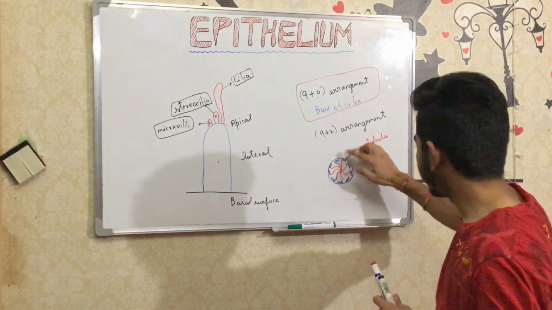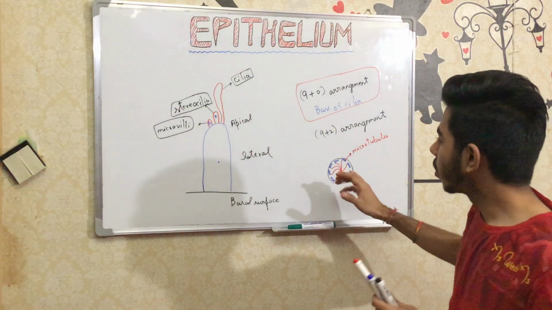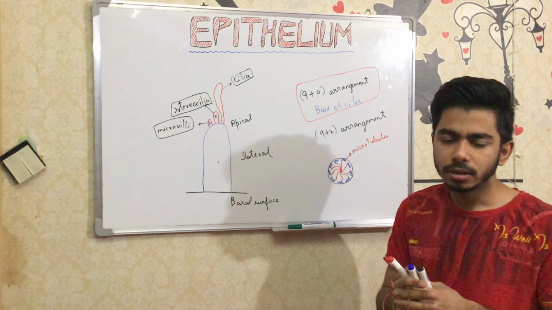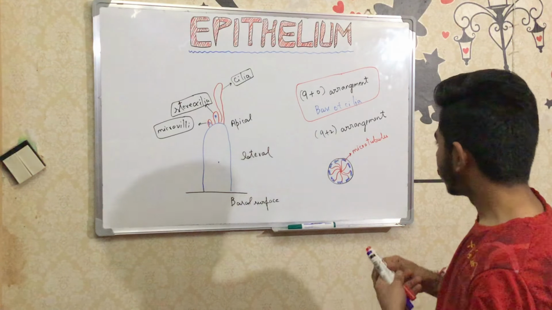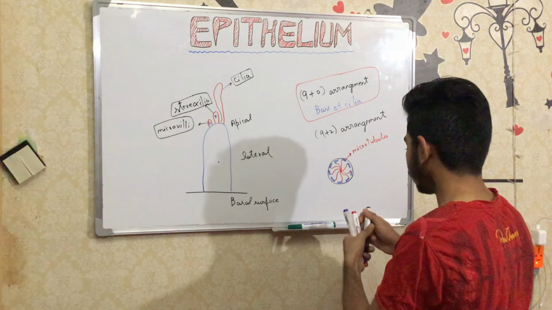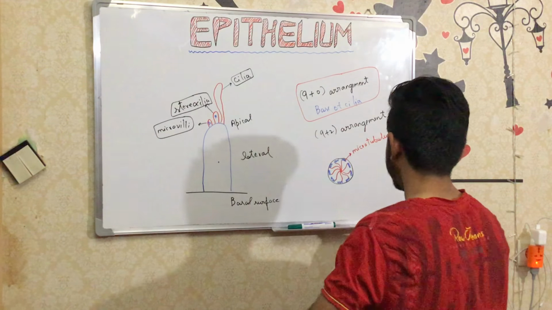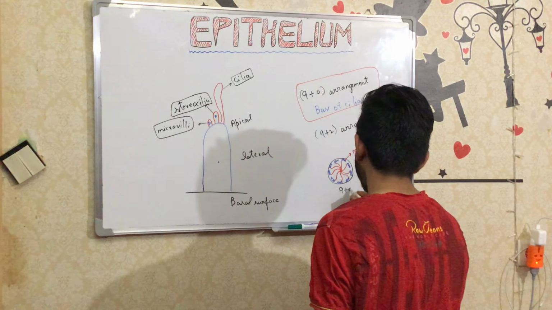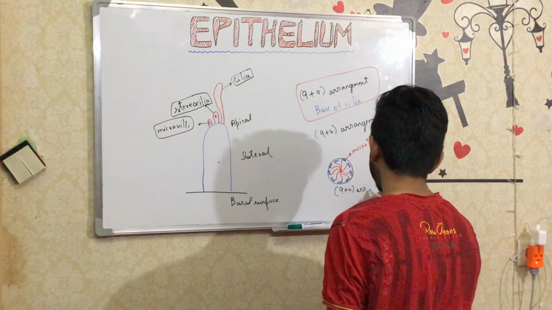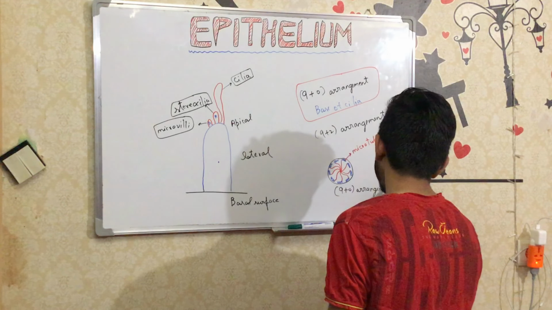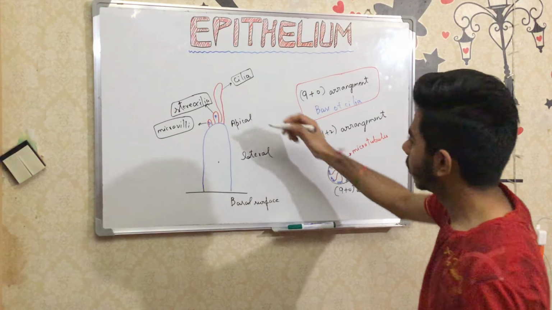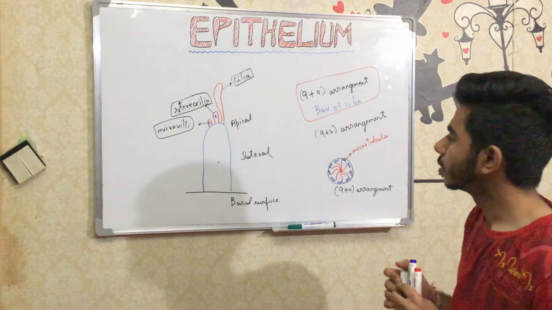There is 0. So that's why I'm calling it the 9 plus 0 arrangement, present in the base portion of the cilia.